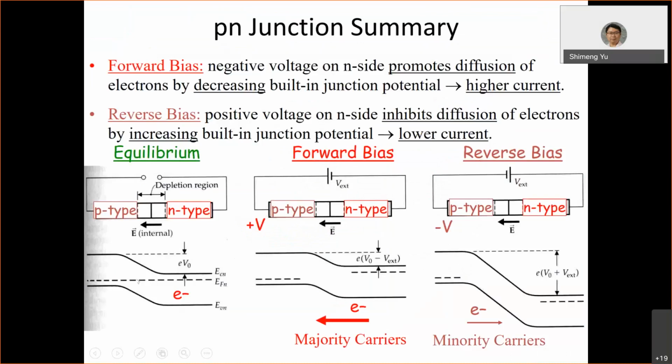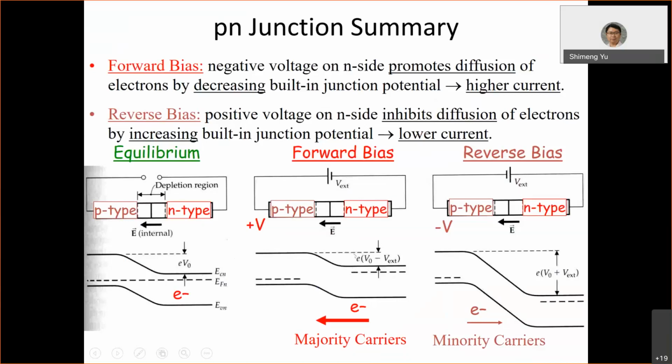In the equilibrium state, there is a single flat EF, and in forward and reverse bias, the EF will split. But you need to look at it this way: the positive voltage pushes down the band, the negative voltage pushes up the band. So the barrier height is reduced or increased by the external voltage.